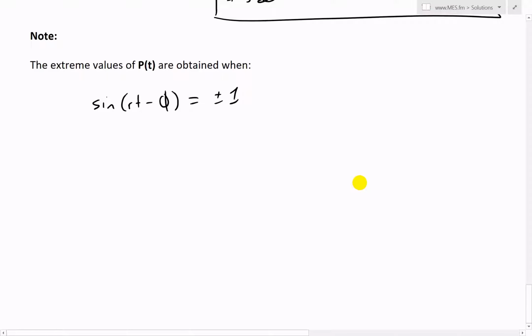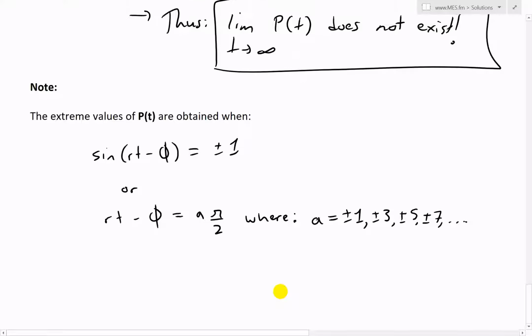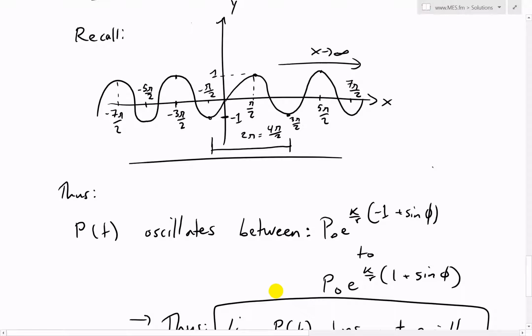In other words, the extreme values of the population function are obtained when sine(rt minus phi) is equal to plus or minus 1, or rt minus phi is equal to a times pi over 2, where a is equal to plus or minus 1, plus or minus 3, plus or minus 5, plus or minus 7, etc. Again, these are all odd integers.